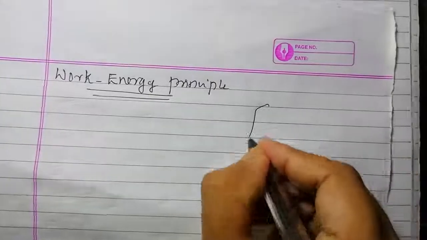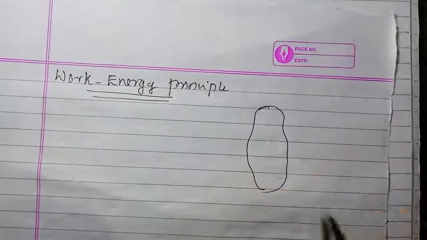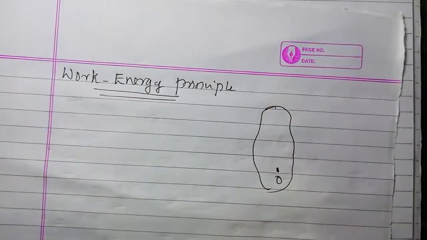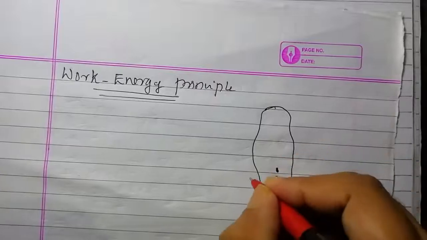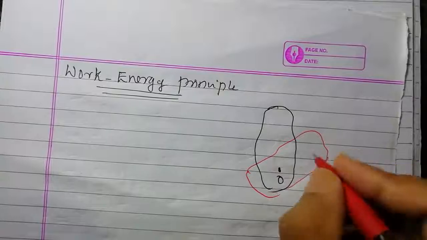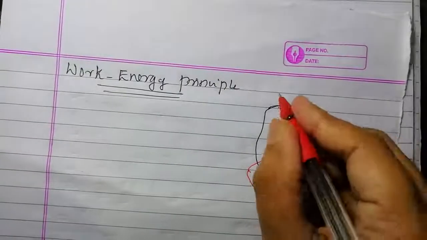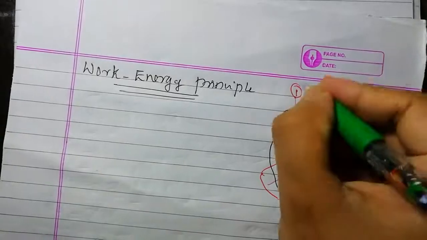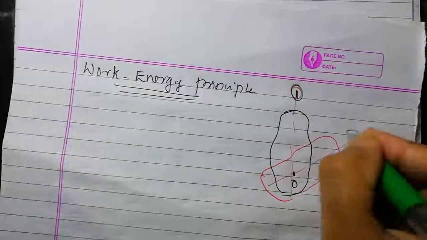Suppose this is the object, and I am going to rotate this object with respect to point O. I'll consider the same object. After some time, suppose this is the initial position. 1 is the initial position and 2 is the final position.